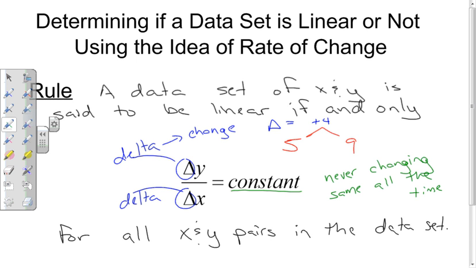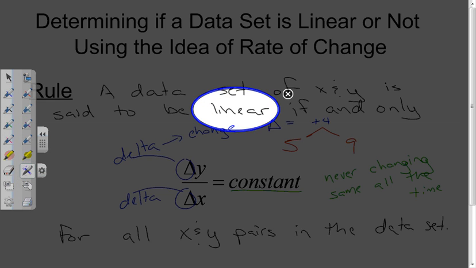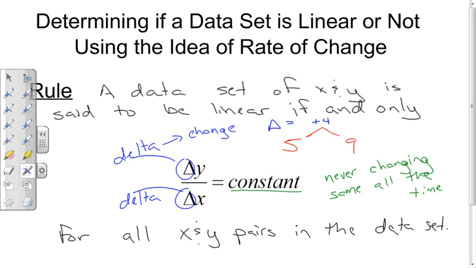We've got to compute delta y divided by delta x, and we need to do that for all xy pairs in the data set. And if we get the same answer all the time, that means the data set is in fact linear. So we're going to take a look at a couple examples of this now and apply this idea.